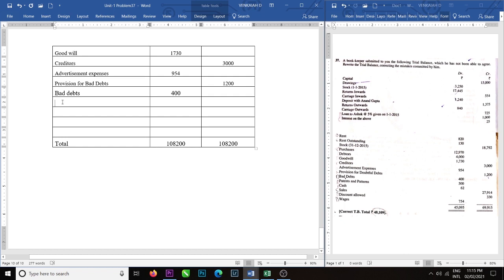Patents is intangible asset. Cash is asset. Sales credit.